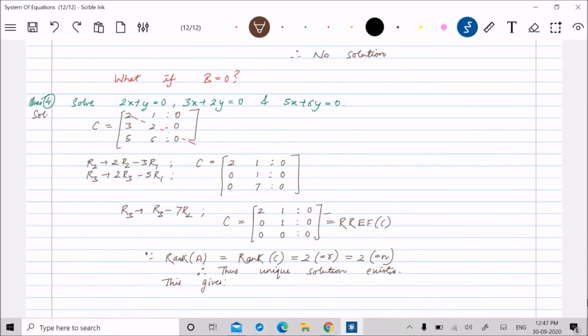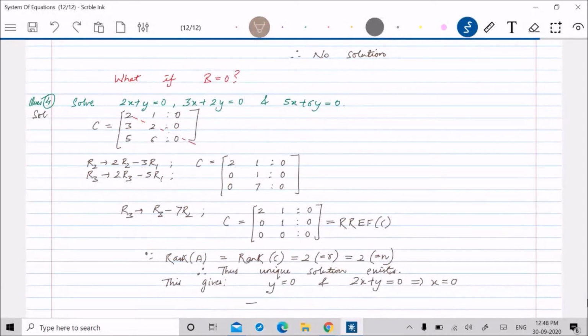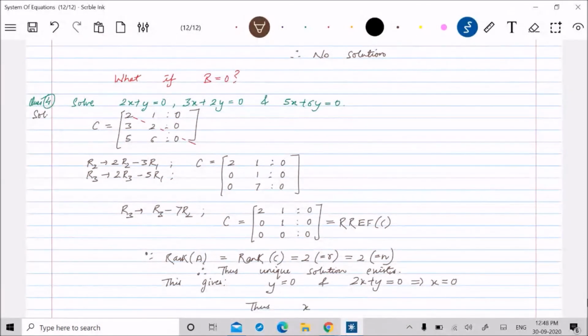From the second one, you will get y equal to 0, and from the first equation you will get 2x plus y equal to 0, and when you plug y equal to 0 here, you will get x equal to 0. And it is already confirmed from the theory that whenever you have a unique solution in case of a homogeneous system, you need not spend your time to find those solutions. Those solutions are always the trivial solution, that is x equal to y equal to 0.